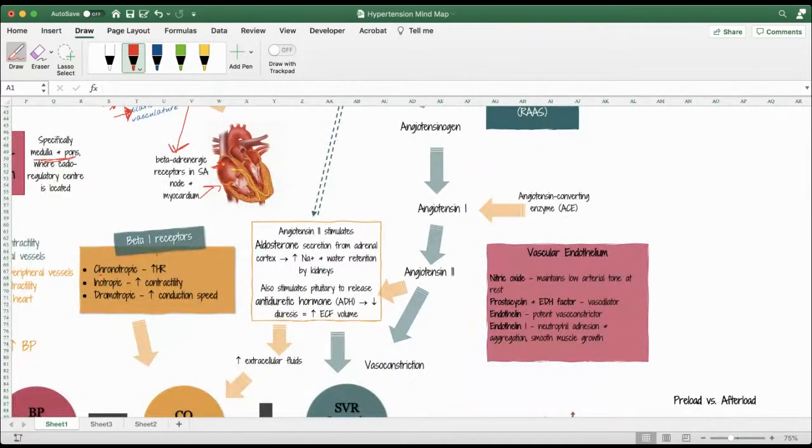You can learn these words if you want. Chronotropic, meaning we increase the heart rate. Inotropic, meaning increase contractility. Dromotropic, increase conduction speed.